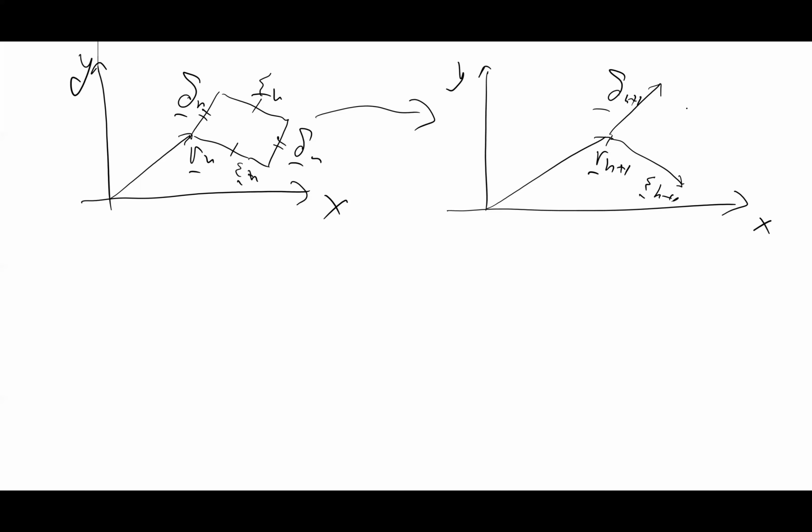And what is important, since this vector is also epsilon n, its image will be vector epsilon n plus 1 in first approximation. And this vector will be delta n plus 1.